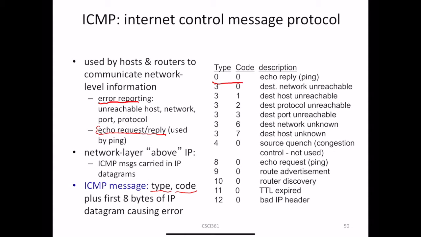Each type and code combination represents a different meaning. For example, type 0 and code 0 represents an echo reply, and type 4 represents source quench, which is for congestion control and is not used, and so on.